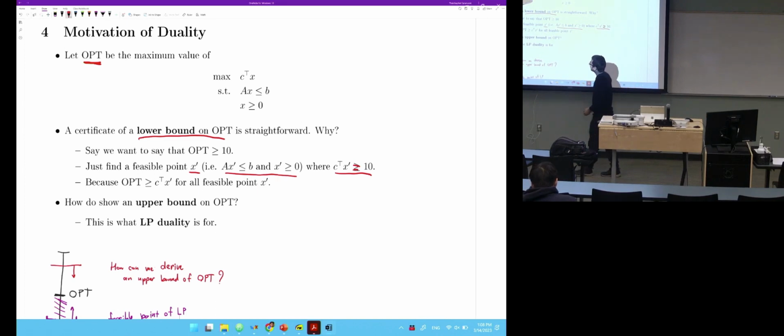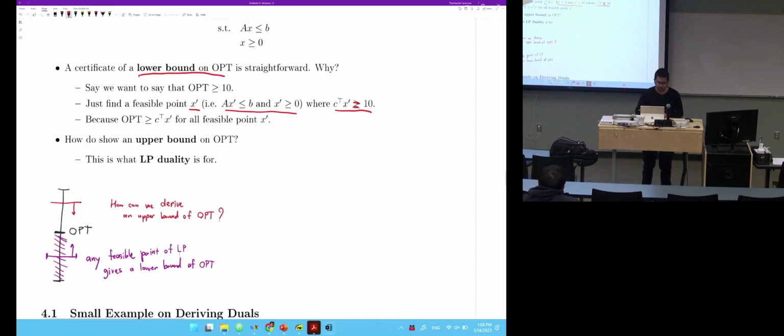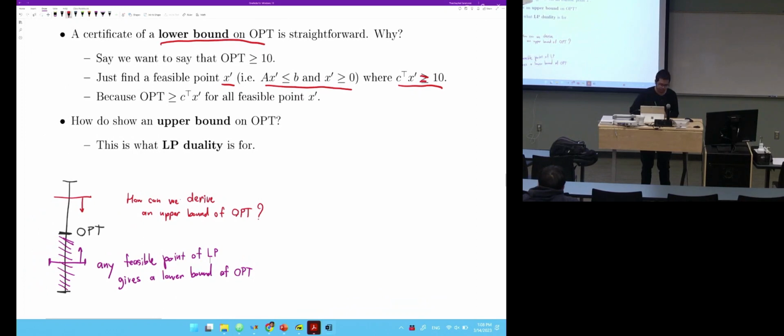Now if I ask a similar thing, is there a simple certificate that gives an upper bound of opt? How do we get that? That is not clear, but this is what LP duality is for. The picture you have in mind is something like this.